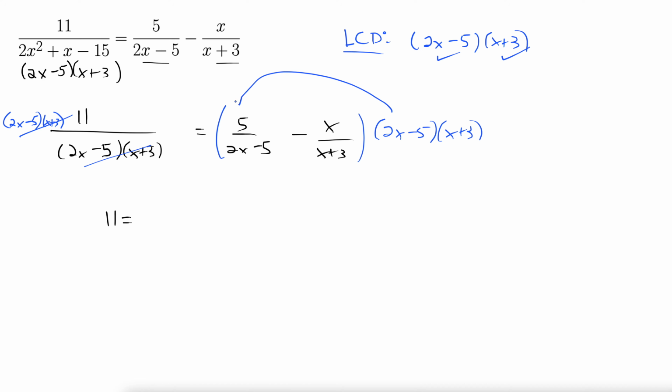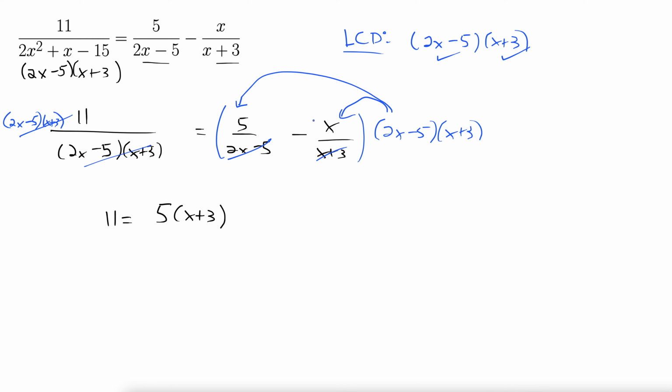When we multiply through, we distribute this through to both terms here. When we do it to the first one, the 2x minus 5's cancel, and that leaves us with 5 times x plus 3. When we multiply to the second term, the x plus 3's cancel.